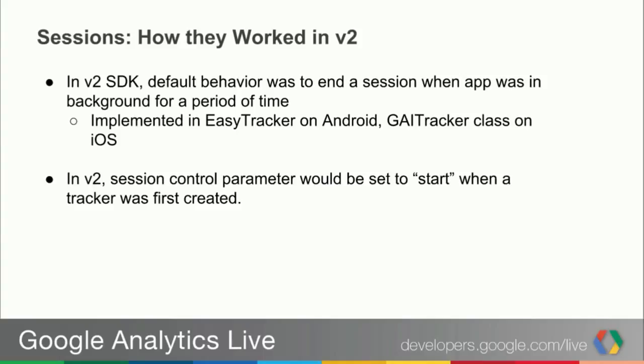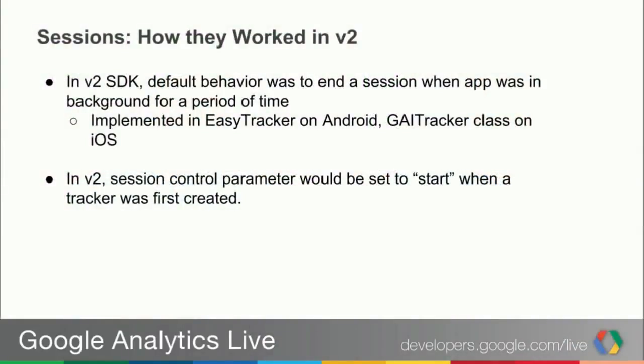The other thing to note is that when the trackers were first created in both iOS and Android, we would also set that session control parameter to start and send it with the first hit. Right. So that's how it worked in V2, and this was all to give you finer control than that 30-minute window, which was initially the only way you could break sessions in the back end.